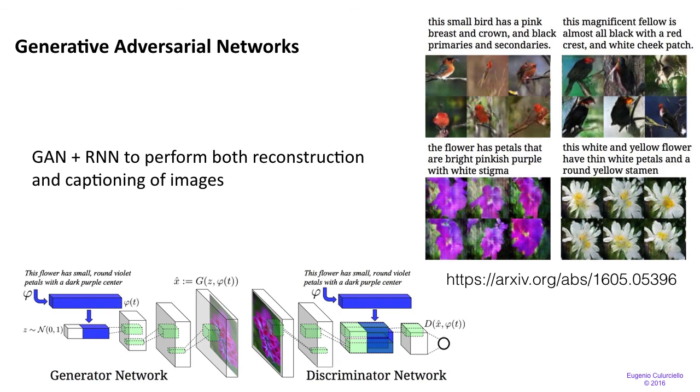And then the discriminator network is the same. It takes an input and the caption, and you want to see whether the input has been created by the generator or was a real input and a real caption. Obviously you use the same caption for both sides, but you basically train this neural network to provide you both a caption and also reconstructed images, which is very nice.